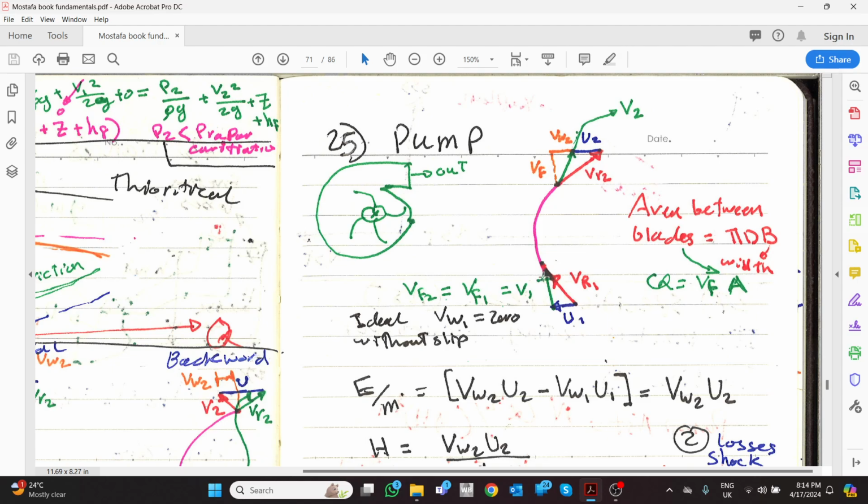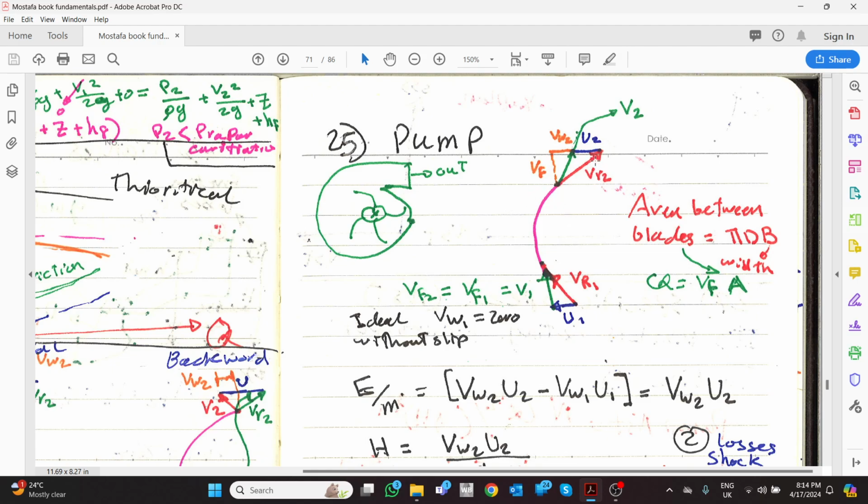We don't have a rotation direction component for v1, so the x or rotation component of vr1 is equal to u1. And when it goes out, the relative velocity goes out with the same angle of the plate, it stays the same because we know it is rotating like this.